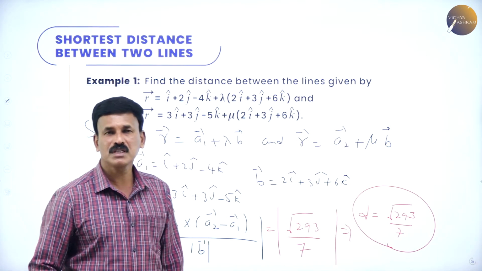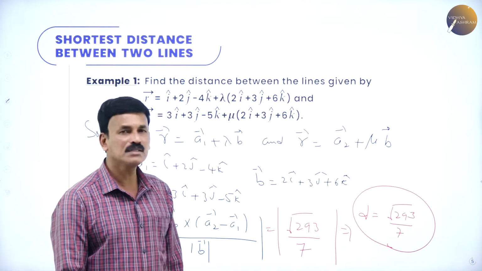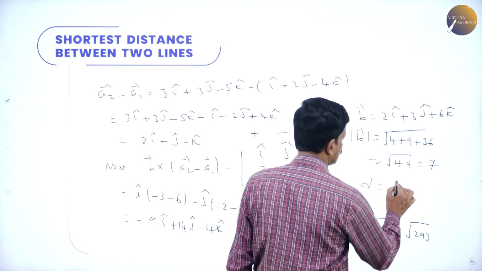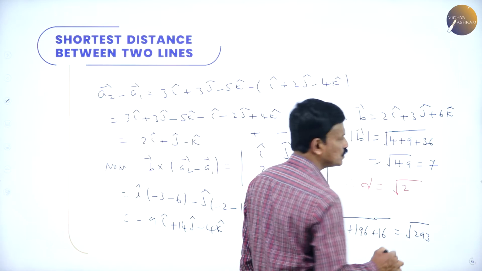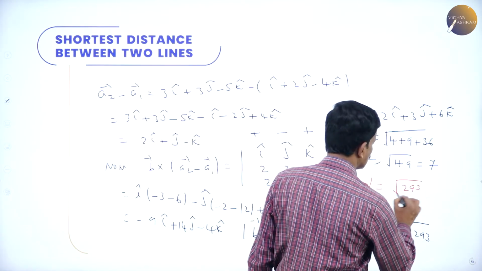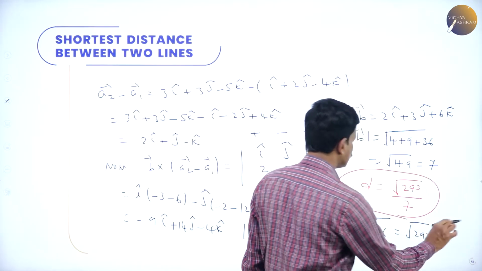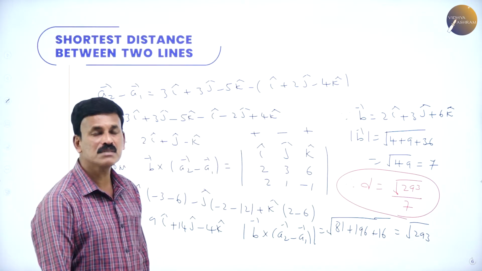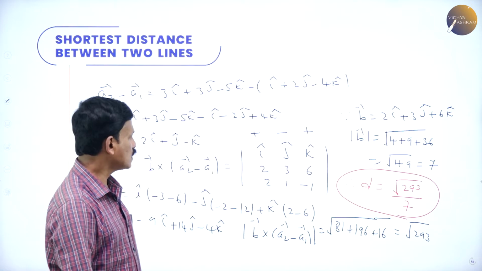So the distance between the given parallel lines is square root of 293 by 7. So therefore the distance D is equal to square root of 293 divided by 7. That's it. Root 293 by 7 will give the distance between the two given parallel lines.